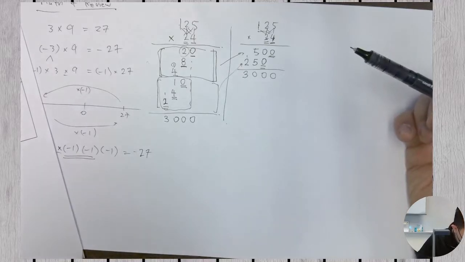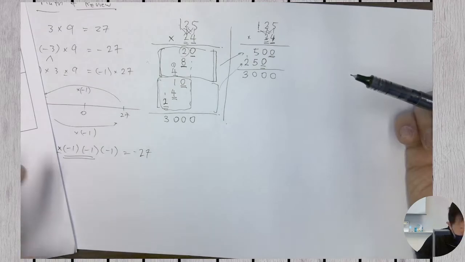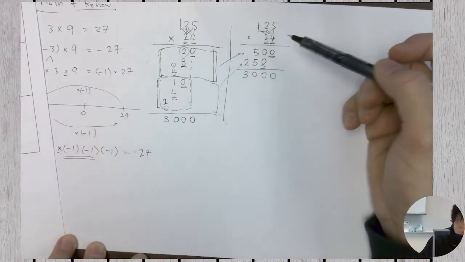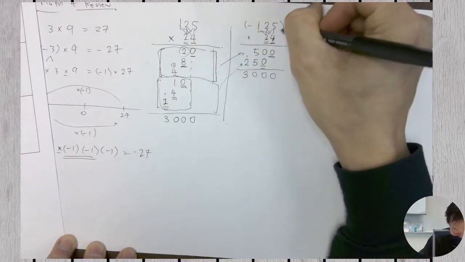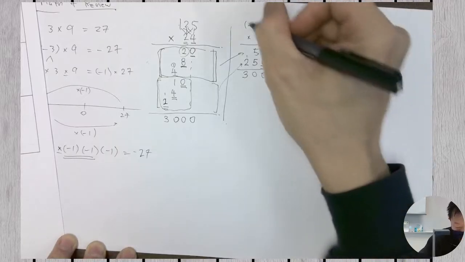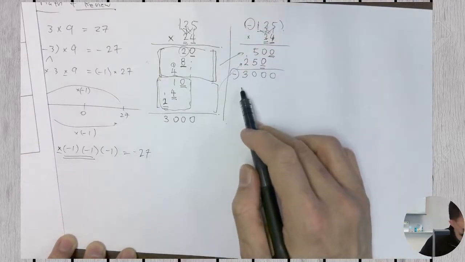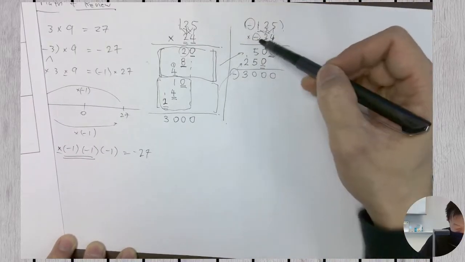Even if you're multiplying 3 numbers with 3 numbers, the steps should be the same. If one of the numbers is negative, say it's -1 to 5, then all you have to do is put the negative here as a result. If both of these are negative, then you have negative and negative.